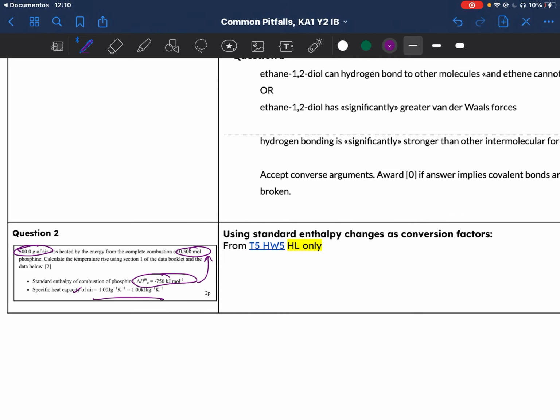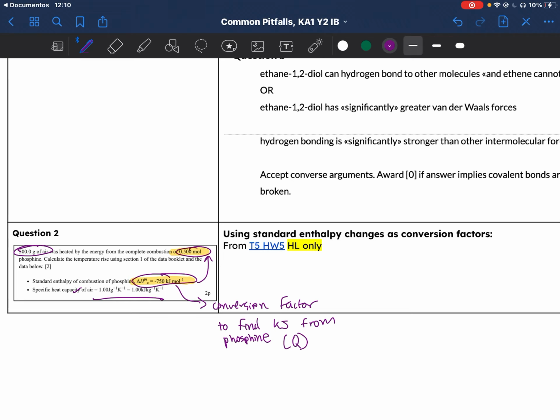So the first step was using this data here and using the standard enthalpy as a conversion factor to find the enthalpy change from phosphine.